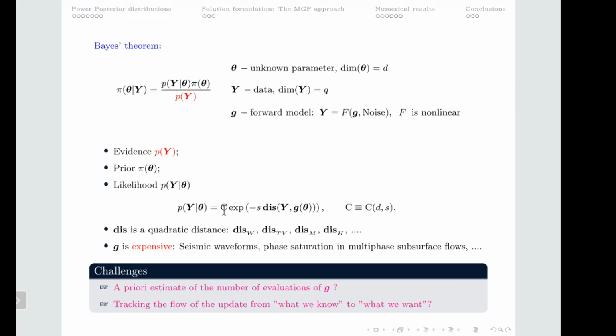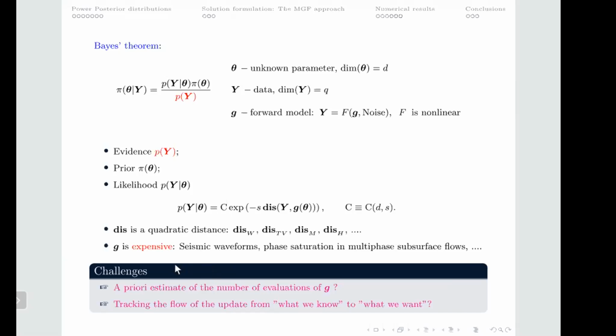One way of doing so, and of further controlling the computational load, is to be able to perform an a priori estimate of the number of evaluations of G. So the challenging issue that we are addressing today is: can we perform an a priori estimate of the number of evaluations of G?